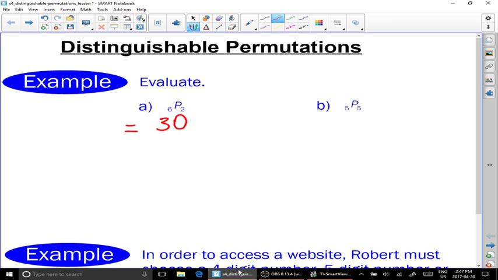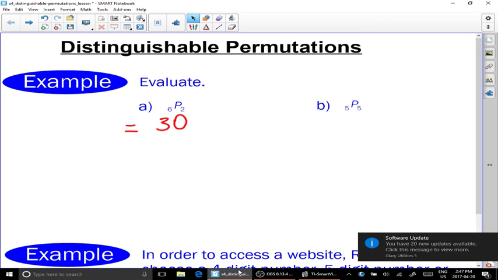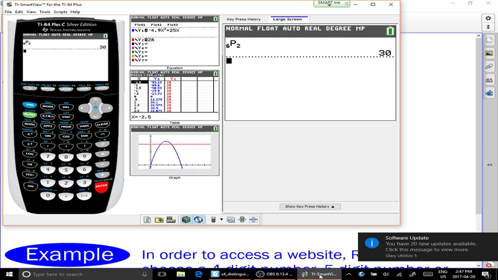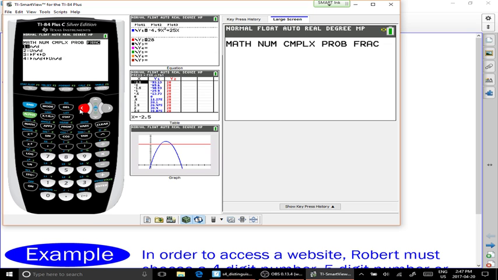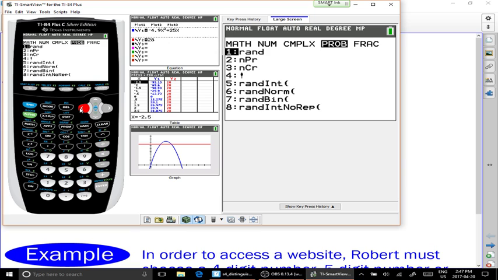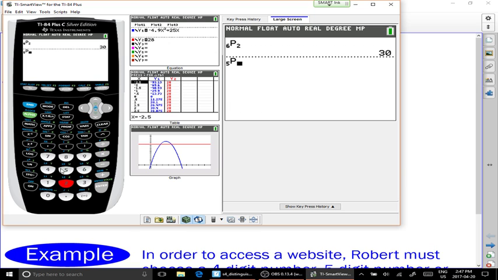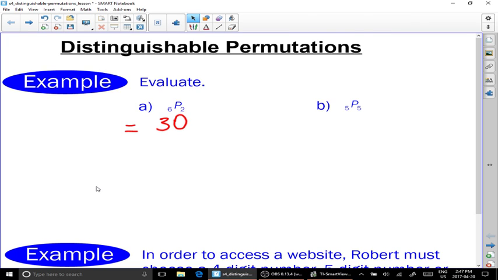We don't need to show any work, okay? What if it was 5 pick 5? Well, we go back to the calculator, we go 5, math menu, probability, option 2, 5, hit enter, and we see that 5 pick 5 is 120.